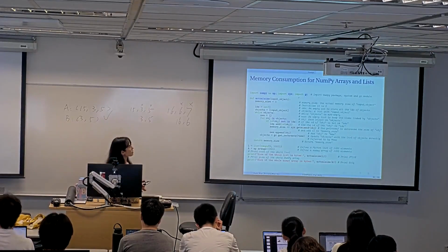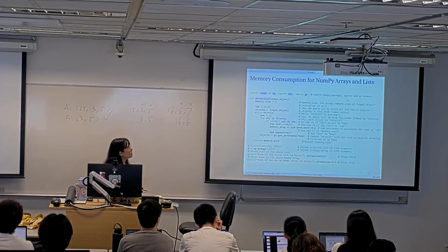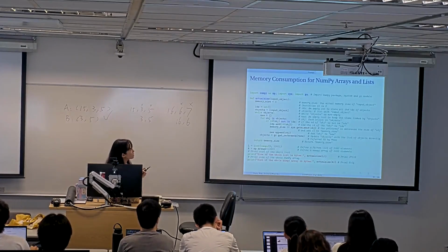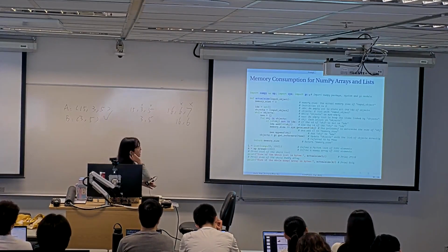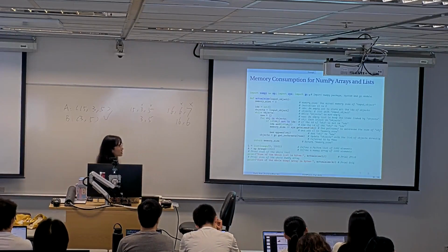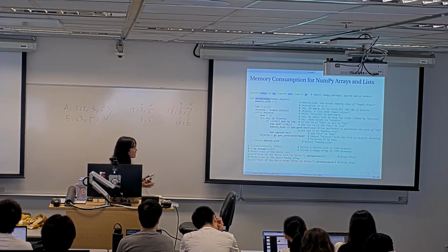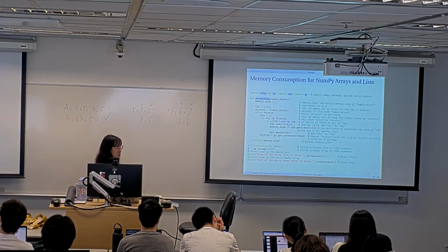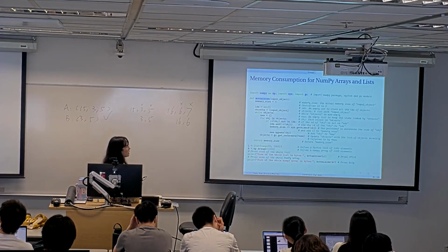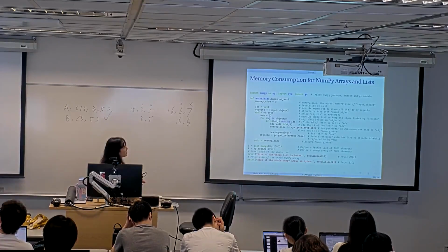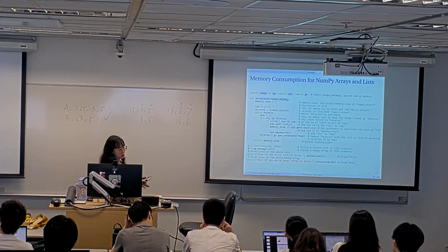So here we import NumPy and sys, and also the gc library, which is used to calculate the memory. Now we define a method, actual size, so that we can calculate the size of different objects. In this exercise, we basically want to get the size of the input object.